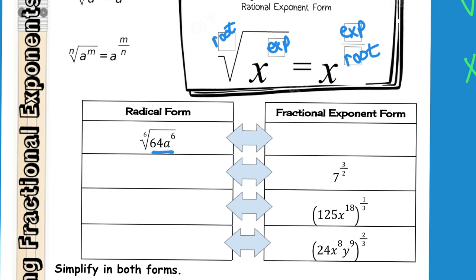Inside, I have 64a to the 6th, and all of this is going to be raised to 1/6. The reason it's a 1 is because the stuff on the inside is not being raised; 64a to the 6th as a whole is being raised to 1 since nothing is there.